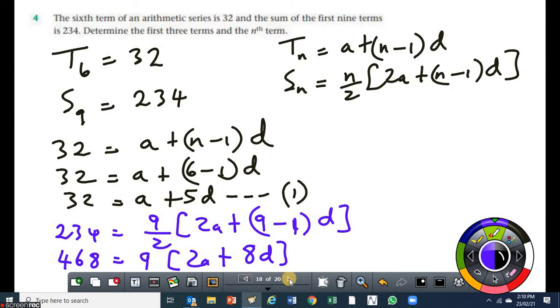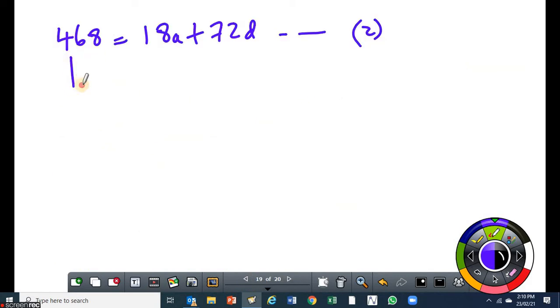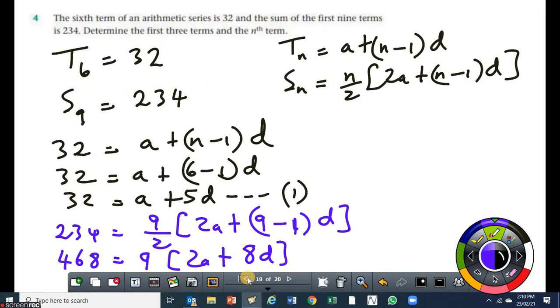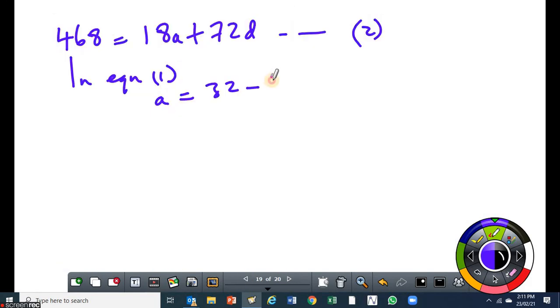So I'll make a the subject. So I'll say, in equation 1, a is going to be equal to 32 minus 5d. Okay?